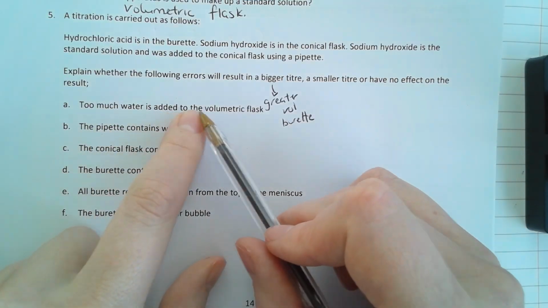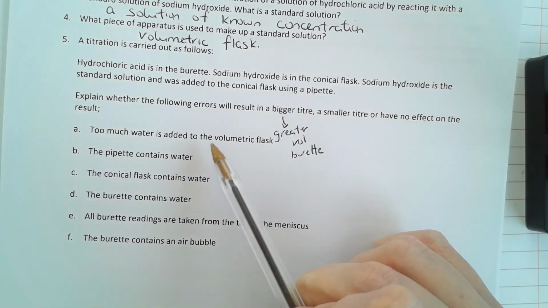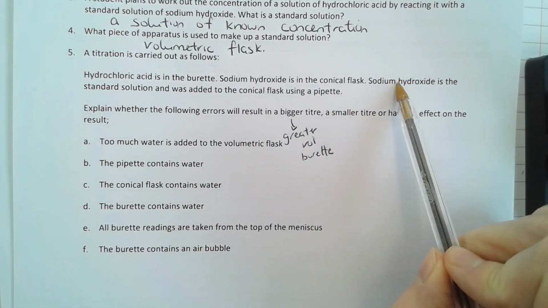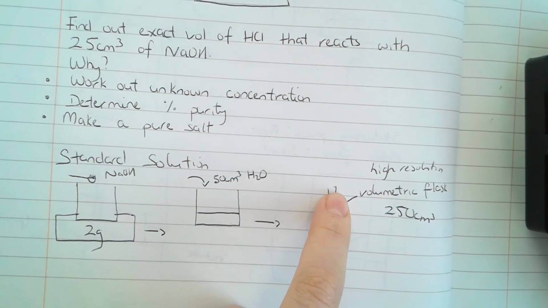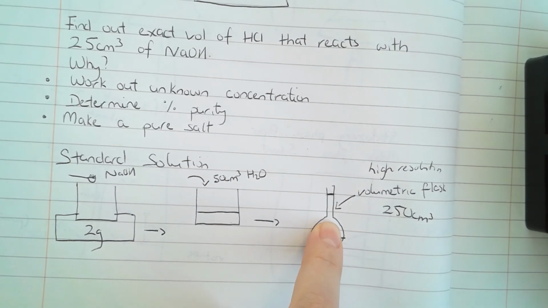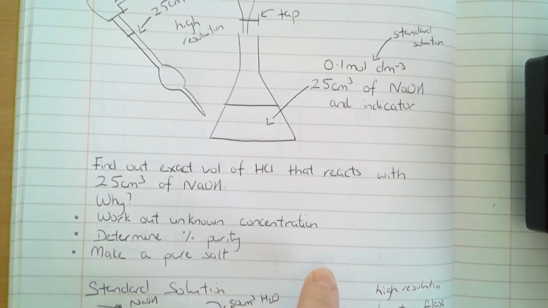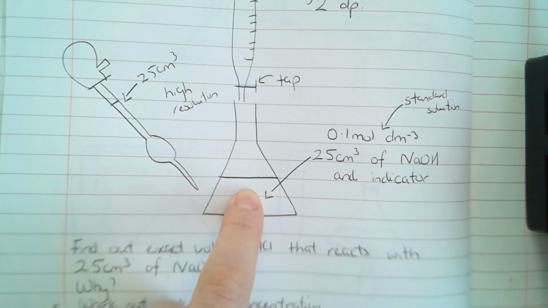If too much water is added to the volumetric flask, what effect will that have on the titer? I'm using my volumetric flask to make up my sodium hydroxide solution, and that goes into the conical flask. If I put too much water in my volumetric flask, then my solution is too dilute. If it's too dilute, then I end up with less sodium hydroxide in my conical flask than I'm intending.